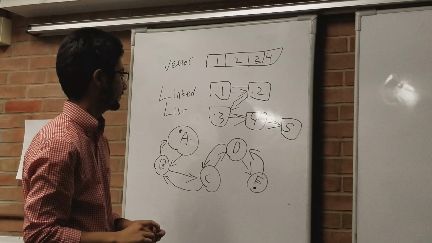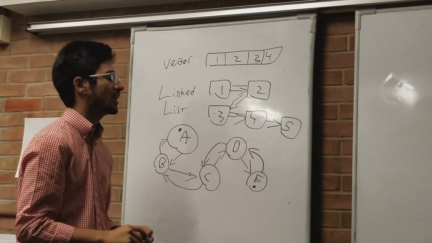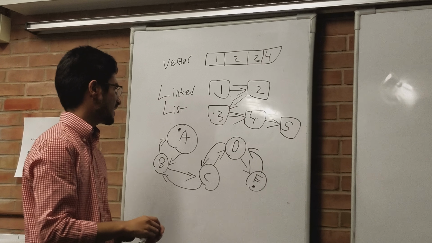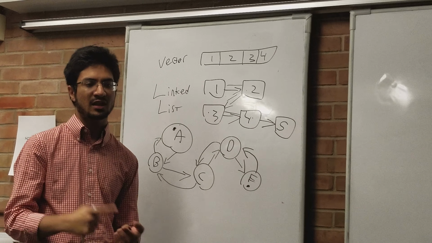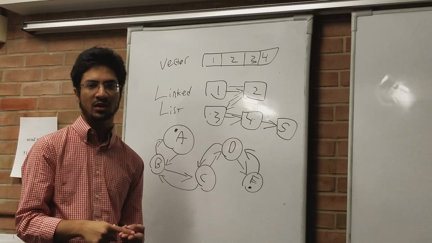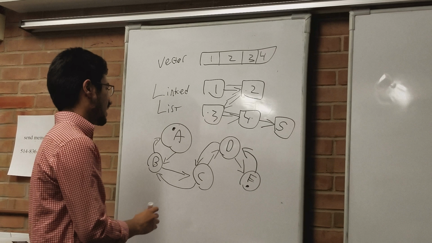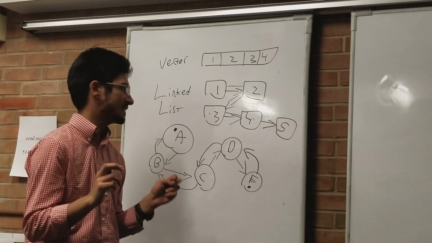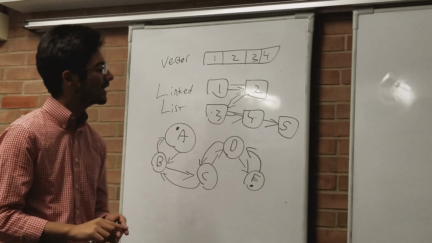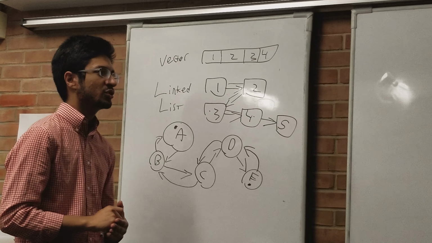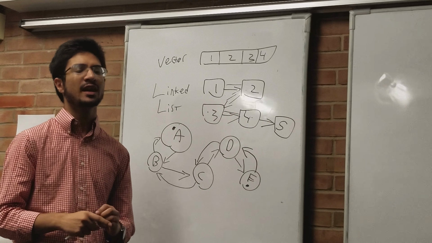In C++ code, this would be implemented by having a node which consists of any type of object. It could be an int, it could be an elephant, it could be a watermelon, it could be a double, and it could be a person in this case. Each node has a value. So the value of this node would be Alice herself. Each node also has a pointer to its previous element and a pointer to its next element.